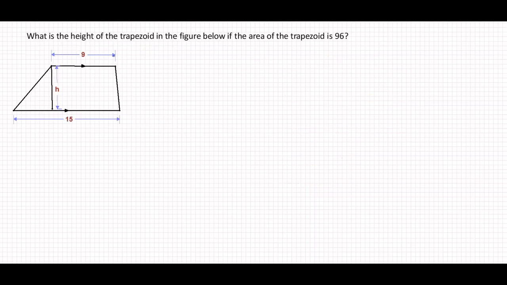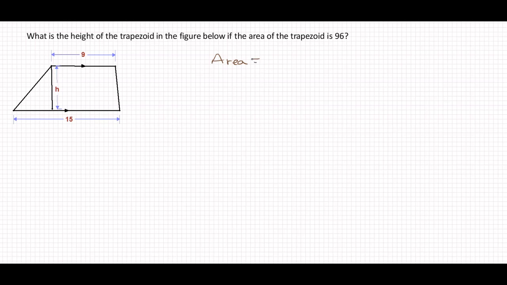Next example, what is the height of the trapezoid in the figure below if the area is 96? So I always suggest to students that you want to always start your math problems with your formula. State out your formula so it's easy to find what's missing, and it's easy to find the areas that you need to focus on as you're working through the problems.